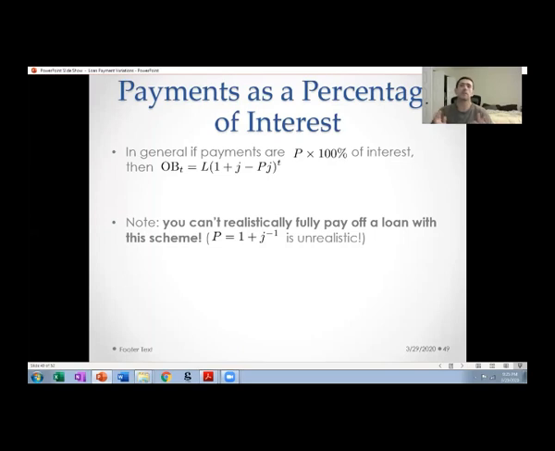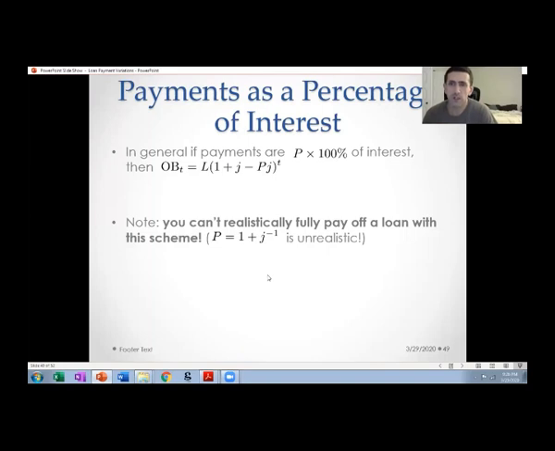That's just silly. So realistically, you can never get this to be 0. The only way this is going to be 0 is in this unrealistic scenario where everything inside the brackets is 0, which is just an incredibly high percentage of interest, so high that you pay off the loan after one period.